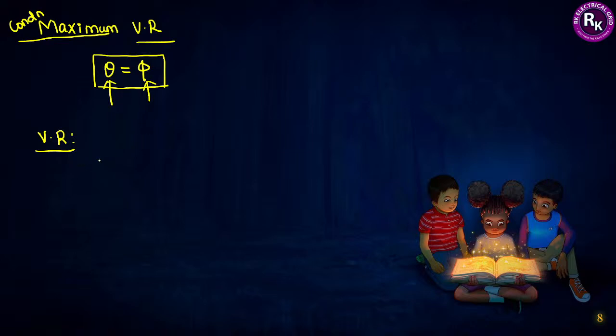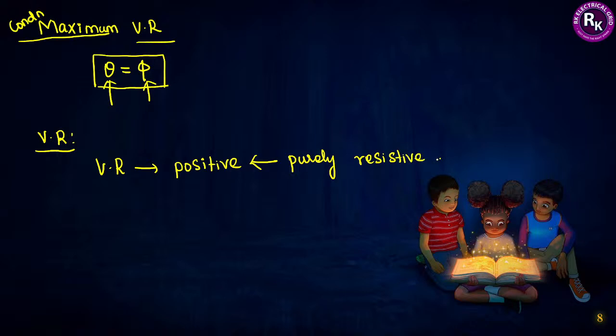From the voltage regulation curve of the alternator, the voltage regulation is always positive, not everywhere, I'm just giving the conclusion, when we are connecting a purely resistive load. Connecting the resistive load means I am connecting a unity power factor load. Am I right? That is called unity power factor load.